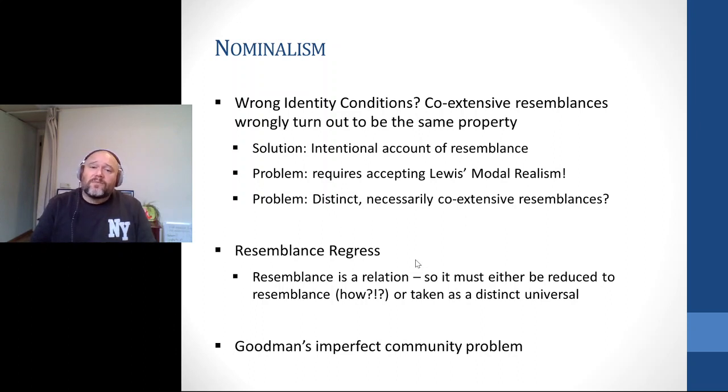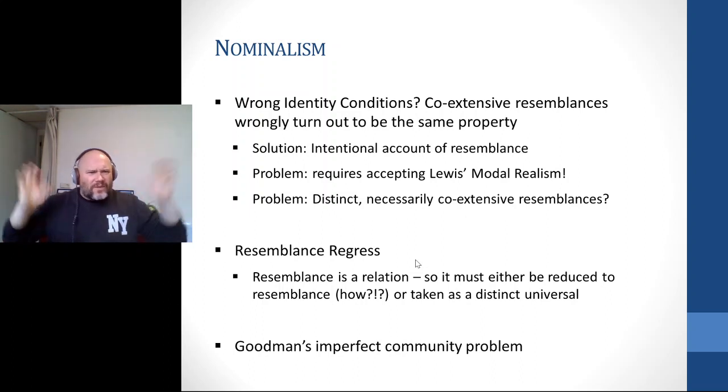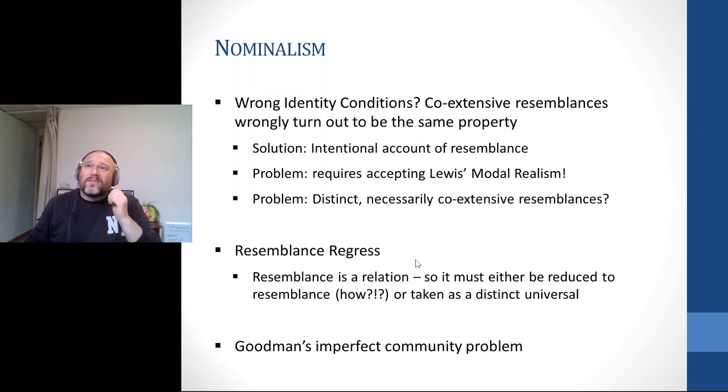It doesn't seem it can be reduced to resemblance, because that either leads us to a circular analysis or an infinite regress. So it can't be reduced. The other option is, well, let's take the resemblance relation to be a universal. And it's the only universal.